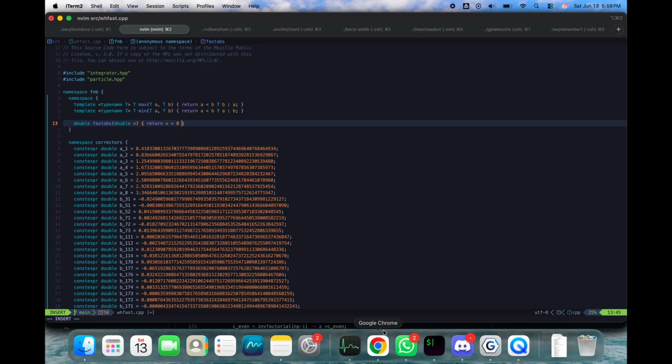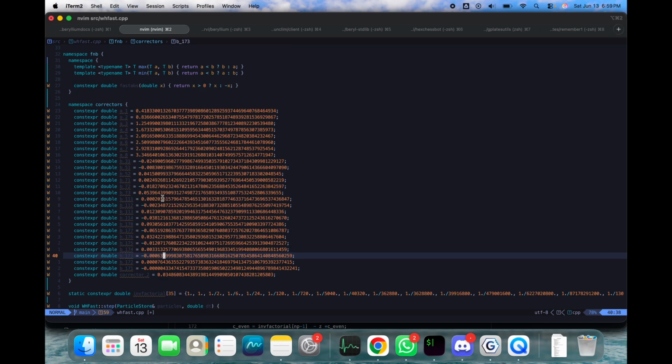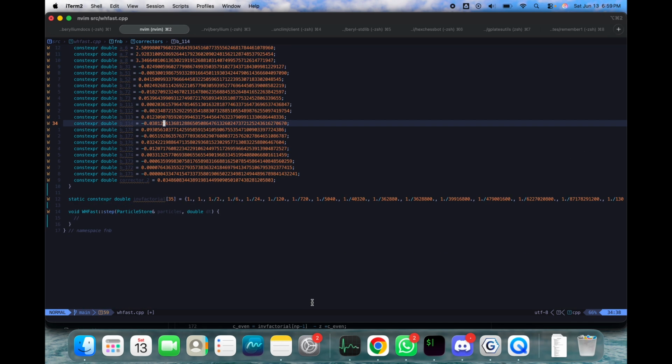Return if x is greater than 0, then x, otherwise negative x. Okay, and if I go to constexpr, and now that's done. Wonderful.